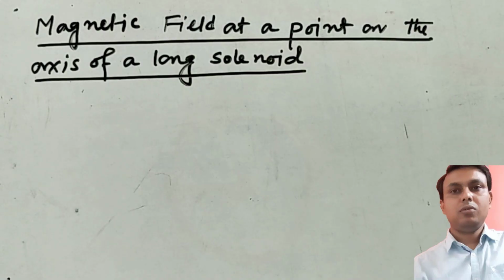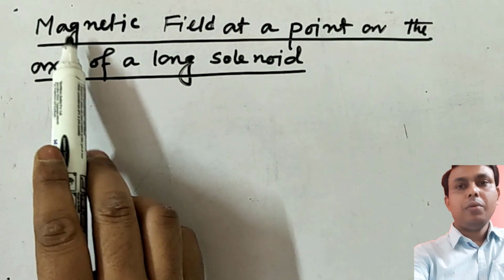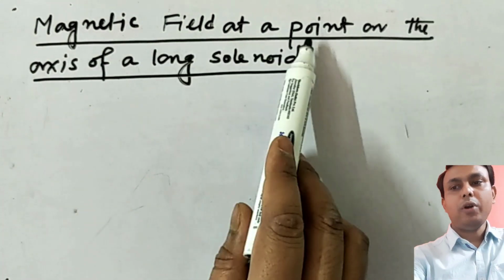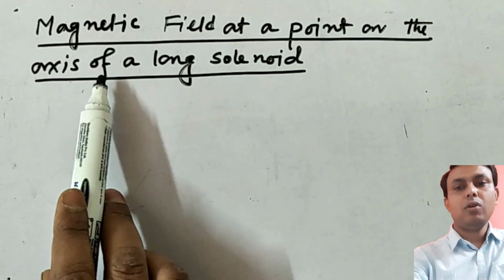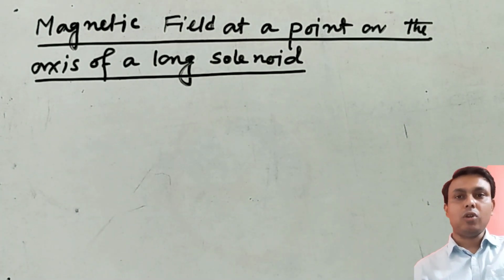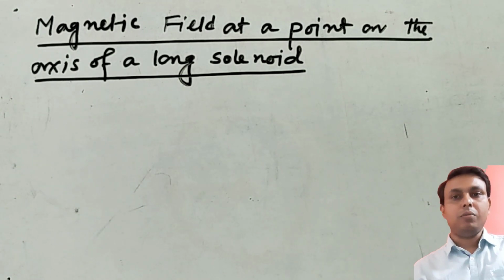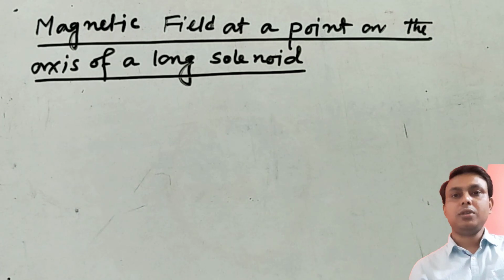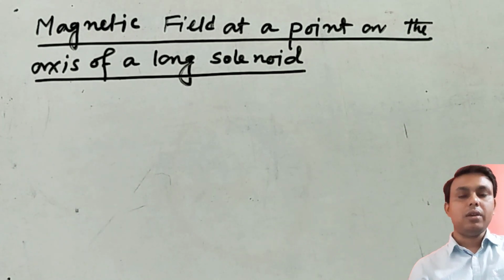Now we shall discuss the magnetic field at a point on the axis of a long solenoid. অর্থাৎ একটি সলিনয়েডের অক্ষের উপর কোনো বিন্দুতে চৌম্বক ক্ষেত্রের মান নির্ণয়। In this video we shall not derive the expression, but we shall only write down the expression.